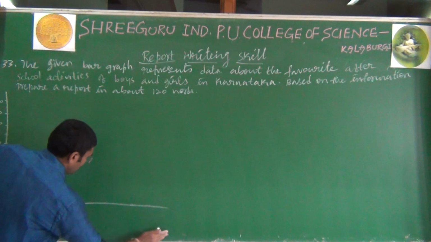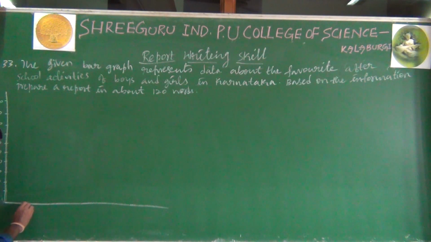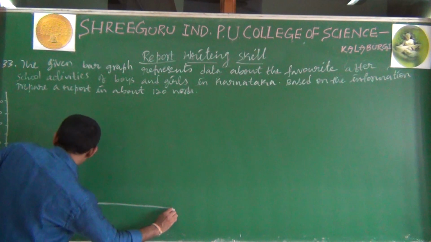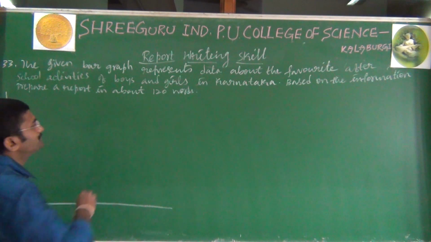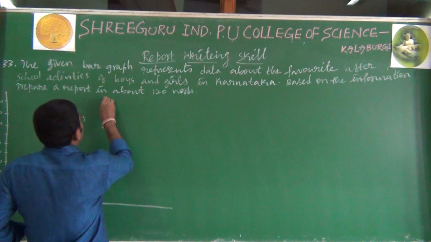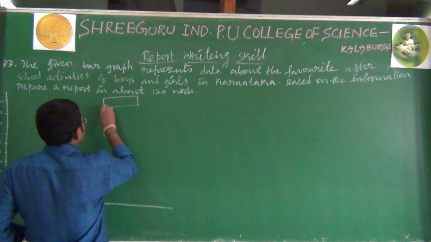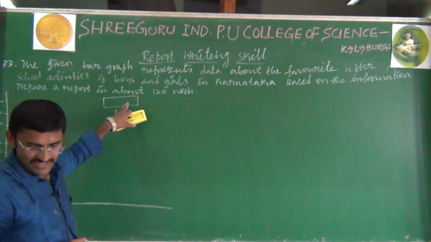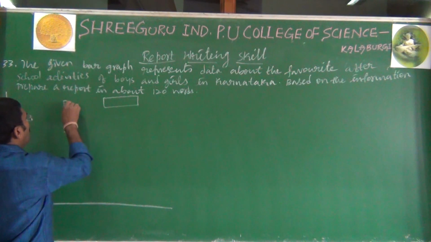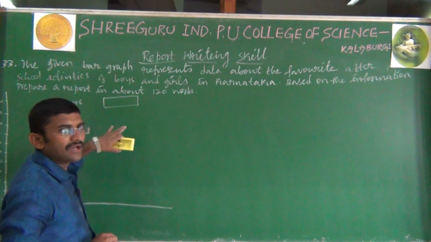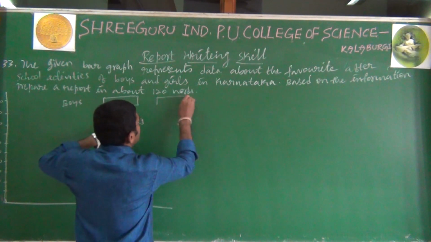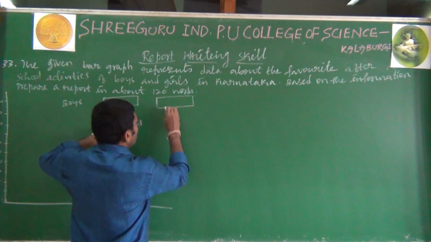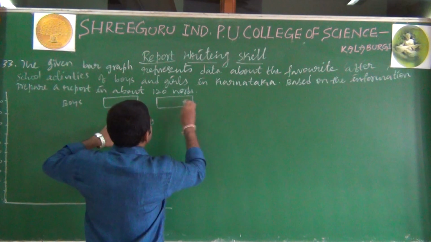Of course, they can be horizontal and vertical. Remember, there are two bars or boxes. One is empty, which will show us the data or the details of the boys, and another box which is darkened over here will show us the girls.